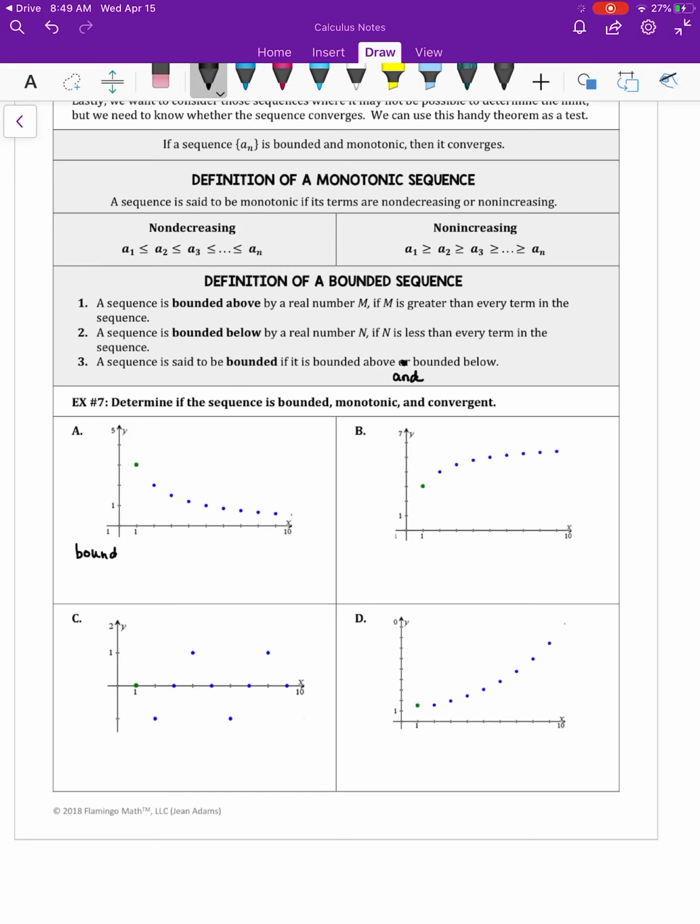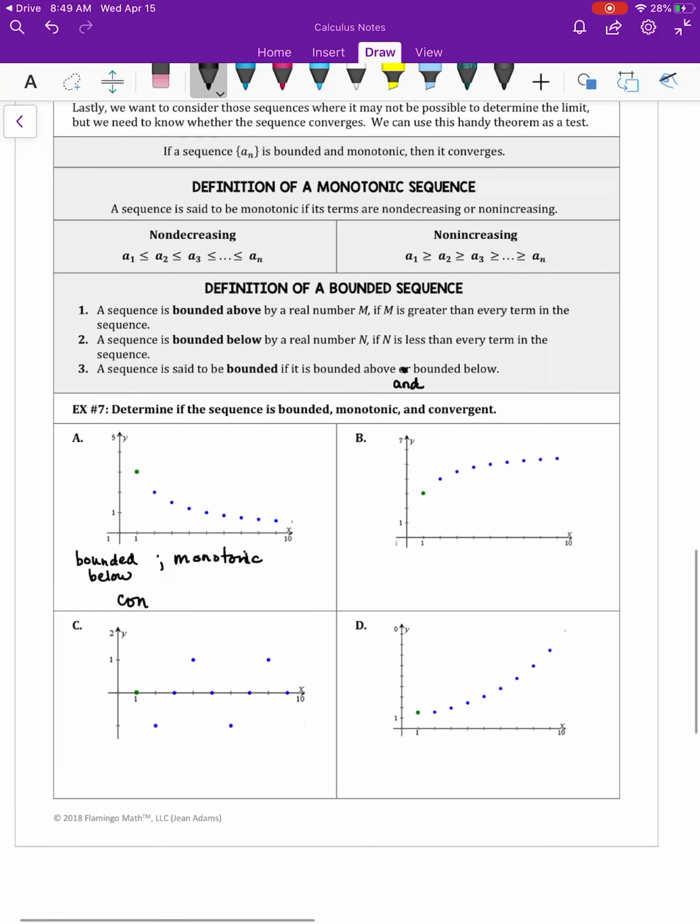So for part A, you can see that it's gradually going to some number, okay? It looks like 0, but so it is bounded below. It looks to be bounded below. It looks to be monotonic. And it looks to converge.